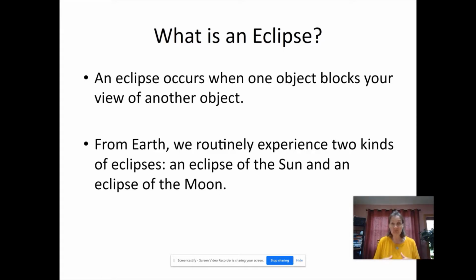So from Earth, we routinely experience two kinds of eclipses. An eclipse of the sun, that means our view of the sun is blocked, or an eclipse of the moon, and again, that's our view of the moon is blocked.